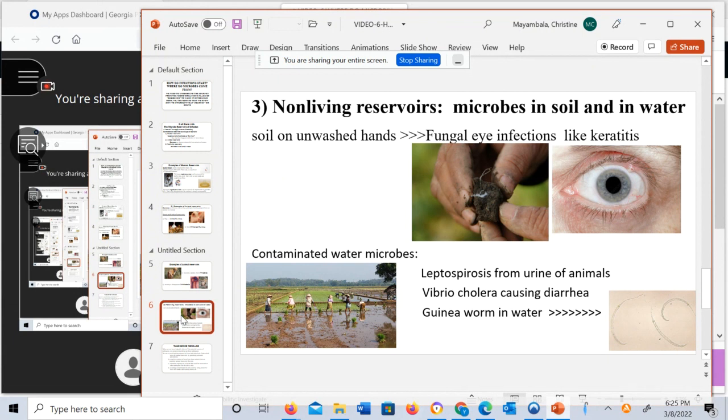Another one, of course, is contaminated water. There are many, many microbes that live naturally in contaminated water, but they could be passed on to humans. Vibrio cholerae is one of those. It causes diarrhea. Then you have the guinea worm, again, which lives in water, but can be passed on to humans.